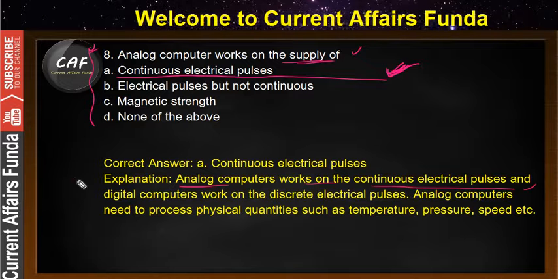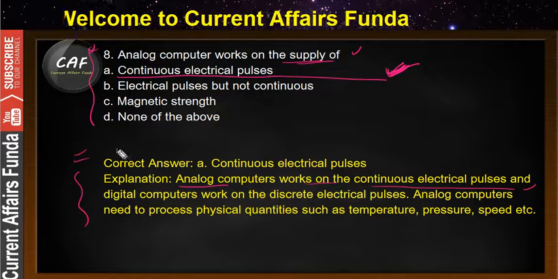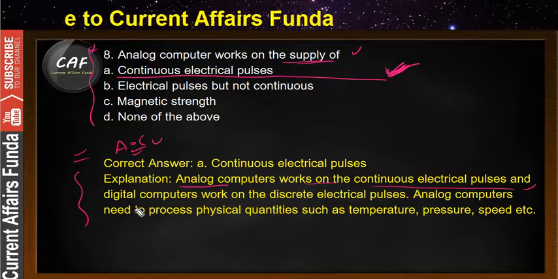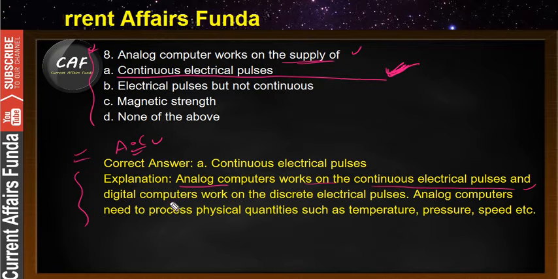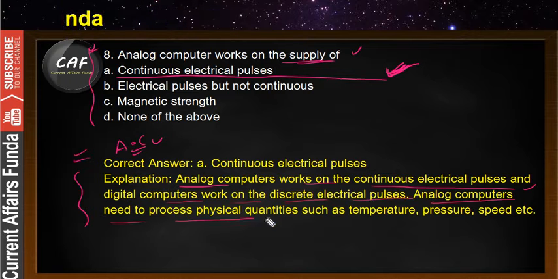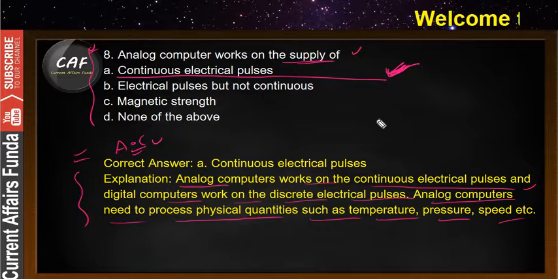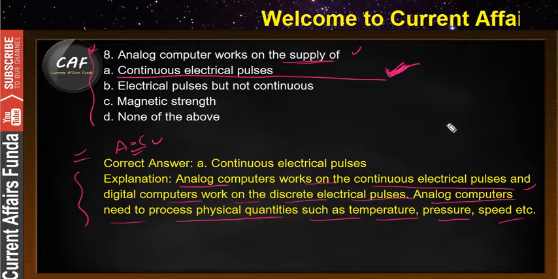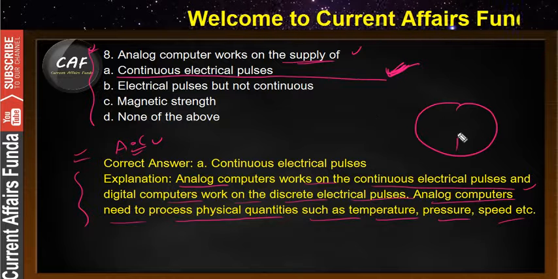This is the basic definition of an analog computer, AC. And digital computers work on discrete electrical pulse. Analog computers need to process physical quantities such as temperature, pressure, and speed, etc. If you are calculating the weather, or the speed, it's all about the speedometer.